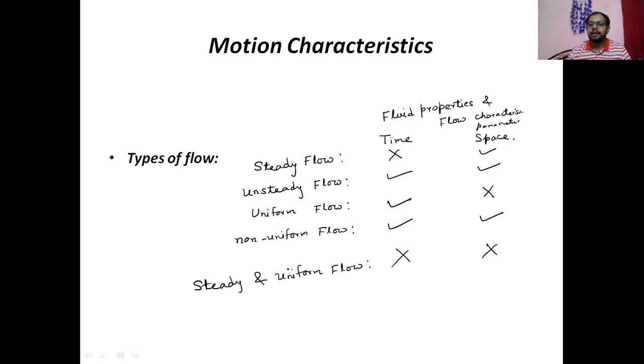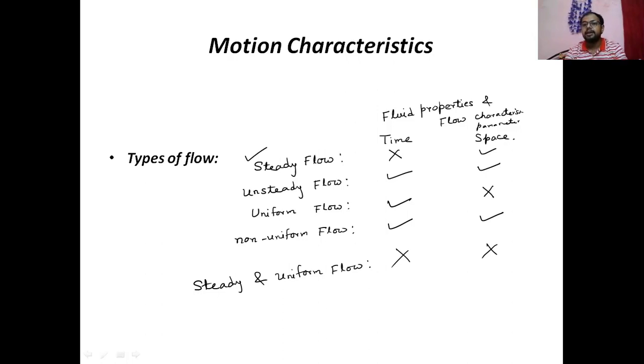So velocity is constant at each time and each space, the same velocity. That is a consideration. In the other case, we write steady flow but non-uniform, because it depends on the space. It is varying with the space. Steady flow can be a non-uniform flow. And in a similar way, uniform flow can be unsteady.